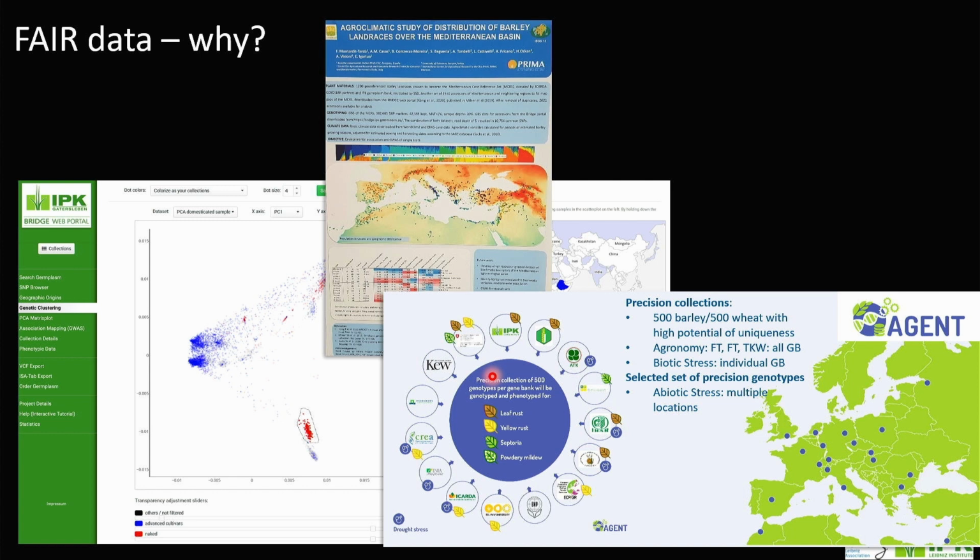And even the PRIMA and the AGENT project have an overlap in their interest in generating abiotic stress evaluation on genetic resources. Because all the material is genotyped, ideally you can do integrated analysis across projects. So it's so important that these projects design their data generation and data management in a FAIR way, so that we have a chance to really take advantage and generate added value beyond borders of projects.